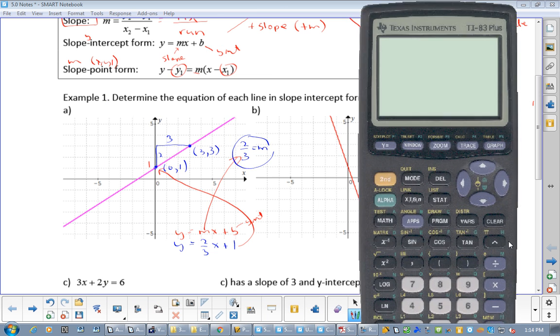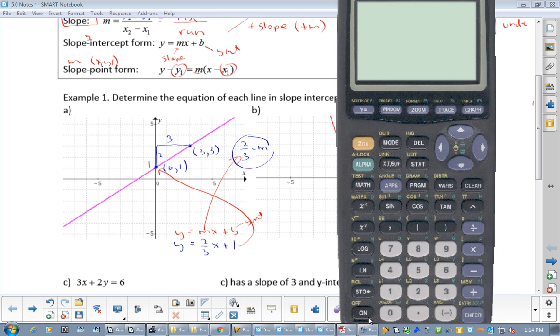Now, just to show you that I didn't just make this up, because I do make a lot of things up, I won't lie. If I put this in and we want to graph it, we go 2/3 x plus 1. I'm going to hit zoom 6. Okay, so it shows that I got it right.